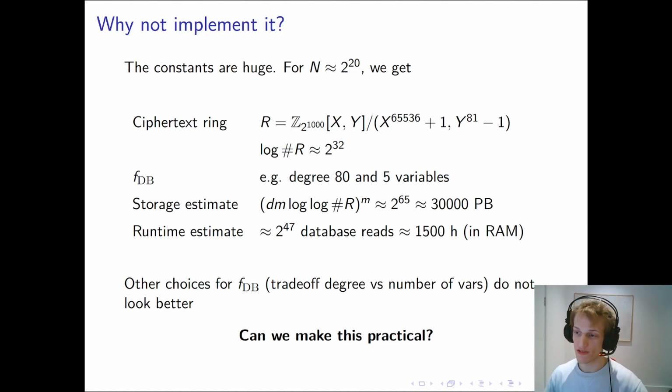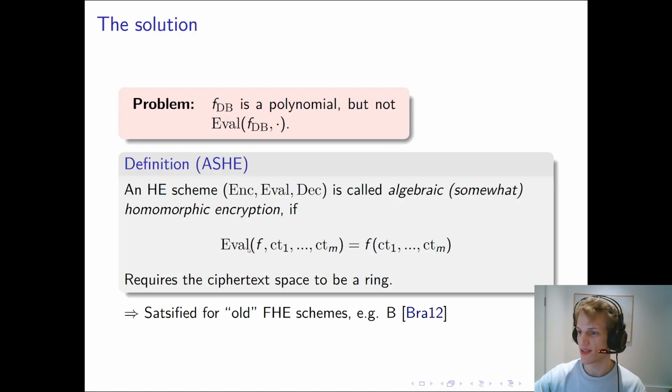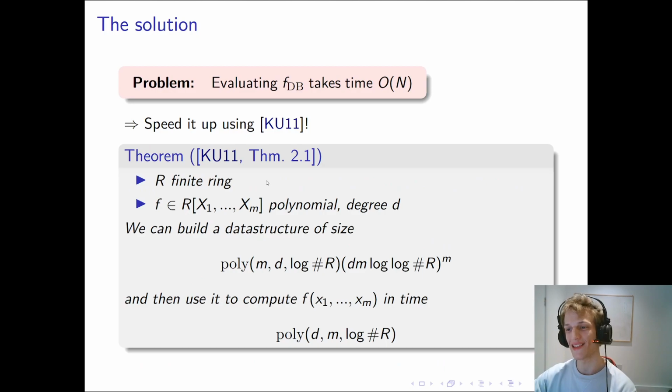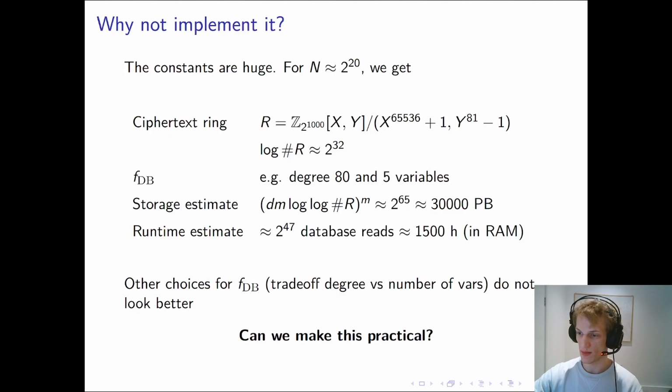The running time is also quite high. Estimating this is not as simple, because the way they stated this theorem, it doesn't specify the exact polynomial dependency on d, m and log r. In our work, we very precisely estimated all these values, and we came to the conclusion that to run the scheme for these example values, we'd have to do about 2 to the 47 entries from this pre-computed data structure.